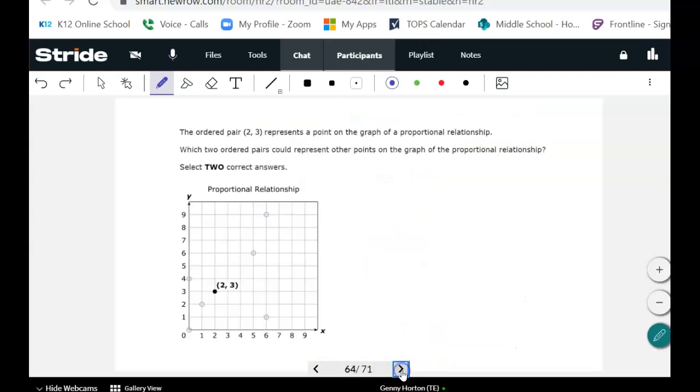All right, let's go to the next one here. The ordered pair (2, 3) represents a point on the graph of a proportional relationship. Which two ordered pairs could represent points on the graph of the proportional relationship? So here we go. It is proportional. Remember, proportional has to go through the origin.